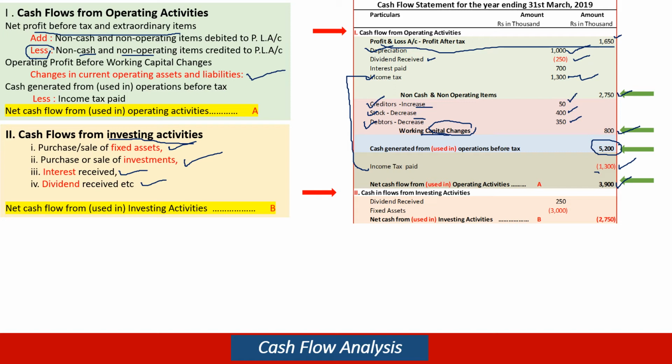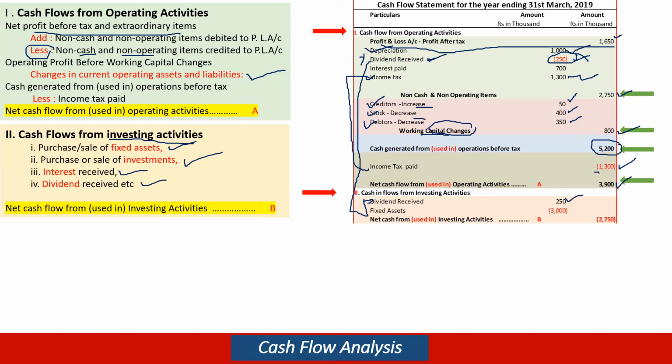If dividend is received under operating activities, it is deducted here because it cannot appear under operations. It has to appear under investments. Therefore, it is deducted here and it is added here.